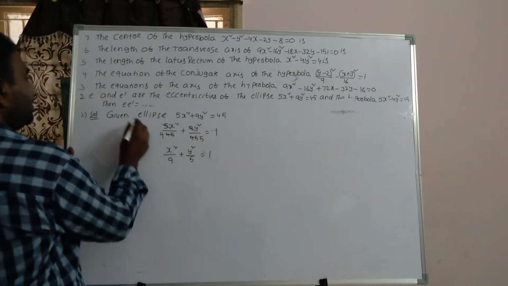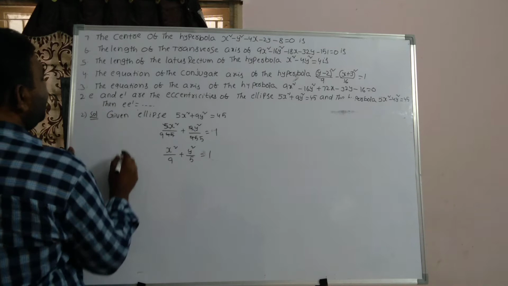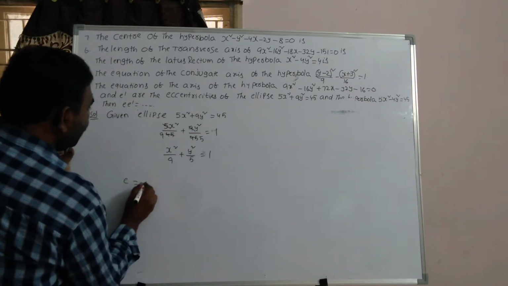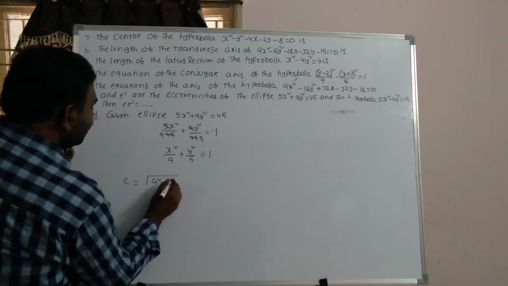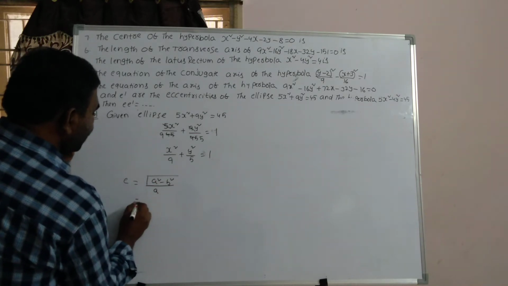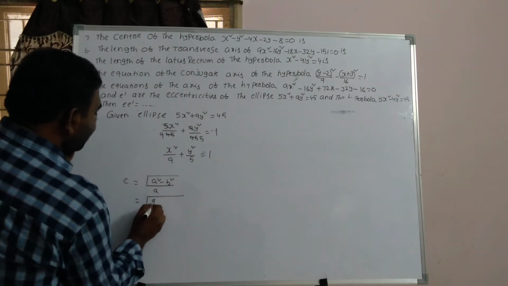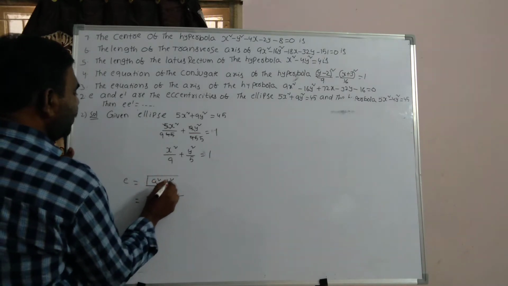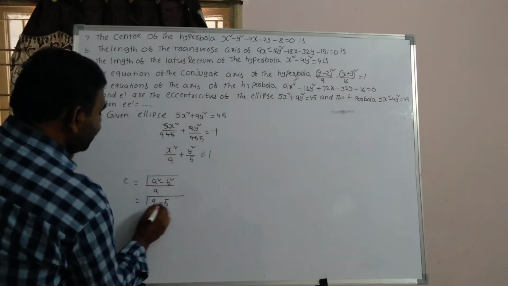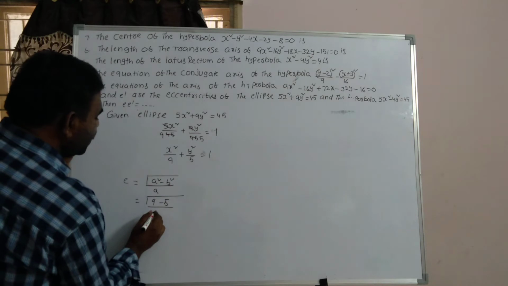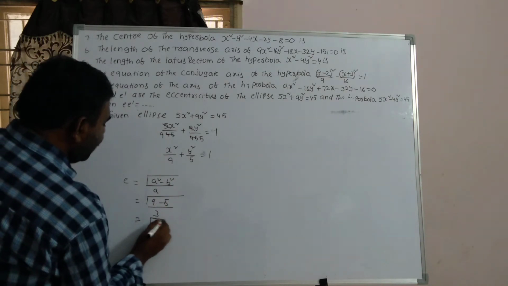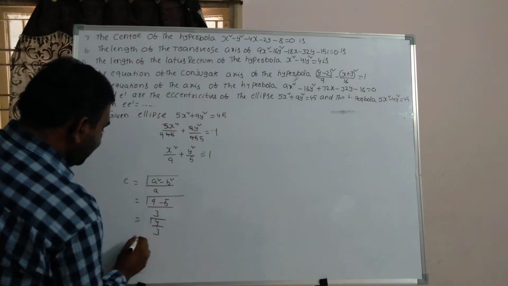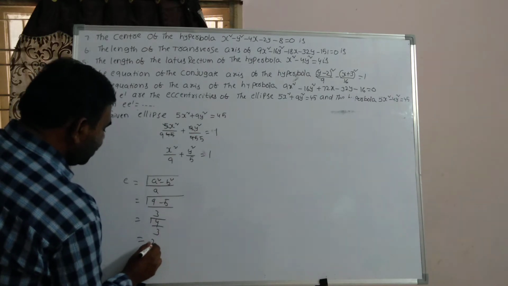We find the eccentricity of the ellipse. So e equal to square root of (a square minus b square) by a. Square root of 9 minus 5, a square value 9, b square value 5, by a value we take 3. 9 minus 5 means square root of 4 by 3. Square root of 4 means 2 by 3.